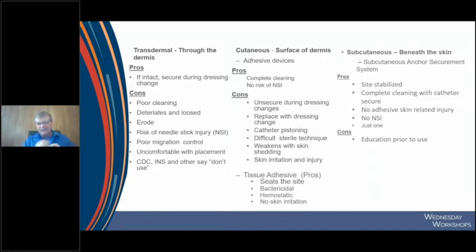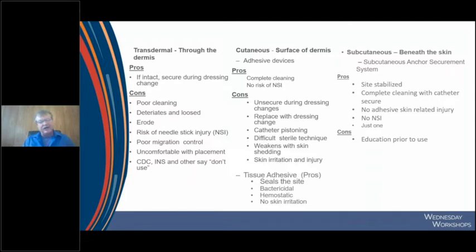And the greatest thing about this is you just need one. There is no reapplication, and this device can stay on for 3 days, 3 months, or 3 years, however long the vascular access device is in. The cons really for this is you just simply need to understand how to use it.